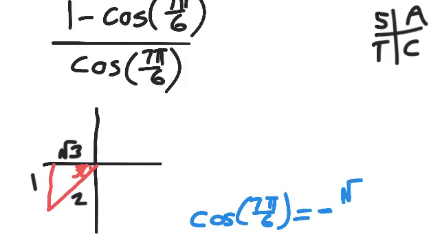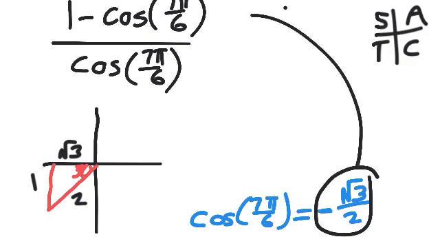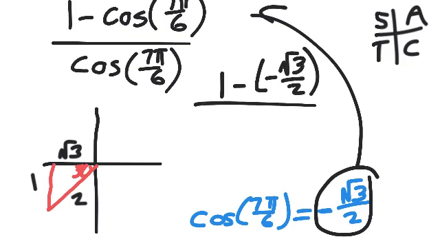So my adjacent side is radical 3. My hypotenuse is 2. So everywhere I saw cosine of 7 pi over 6, I'm going to substitute in a negative radical 3 over 2. So plug that into my original now. So that's going to give me 1 minus negative radical 3 over 2, over negative radical 3 over 2.